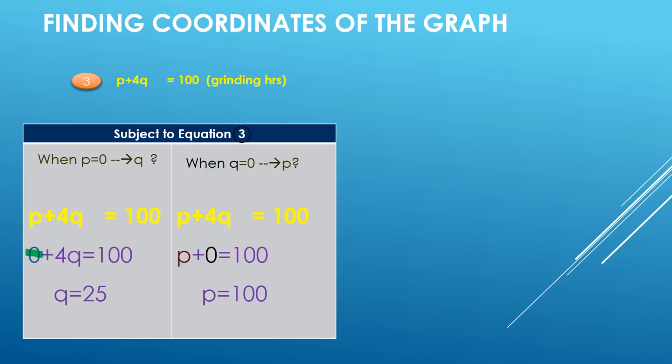Substituting, ultimately we get Q as 25. Then I substitute the value of Q as 0, and the ultimate answer of P is 100.